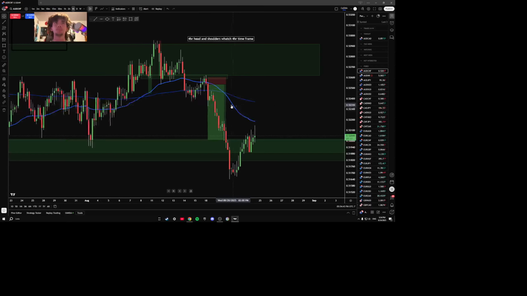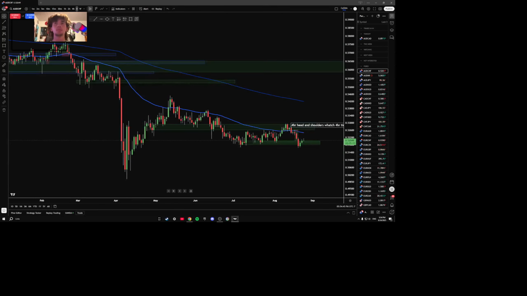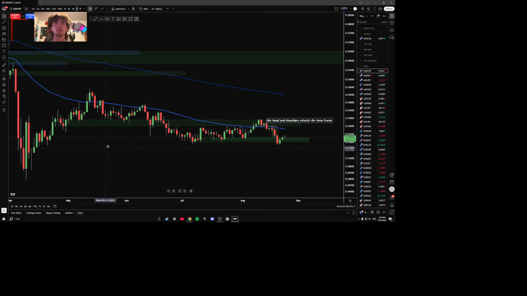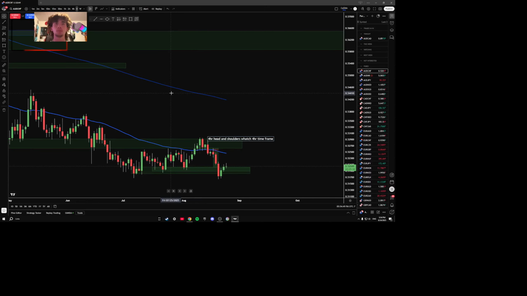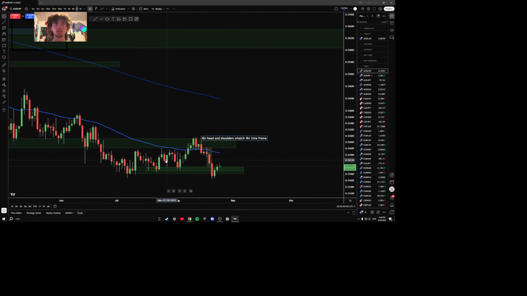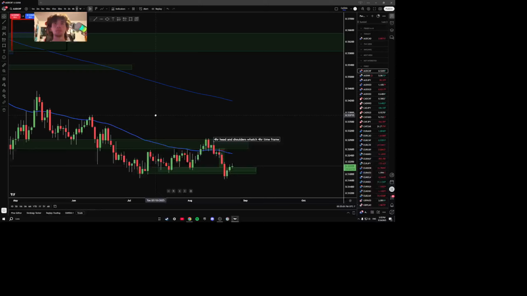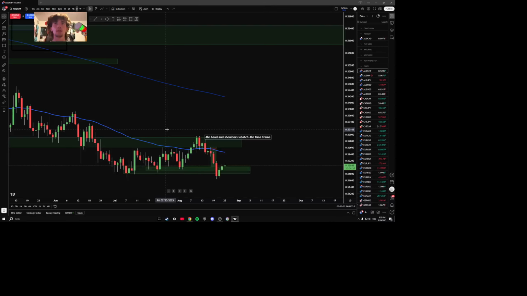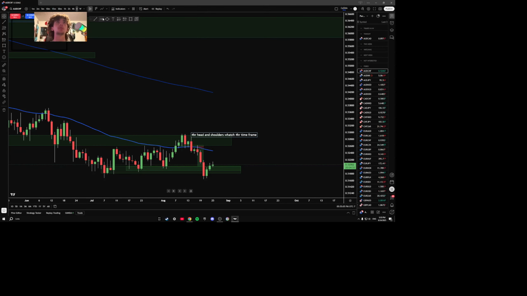Shifted bearish. Small area right here. I'm probably just gonna wait for it to retrace all the way back up here. Leave it for this week.